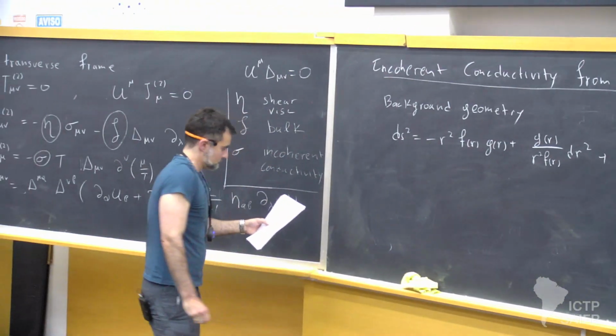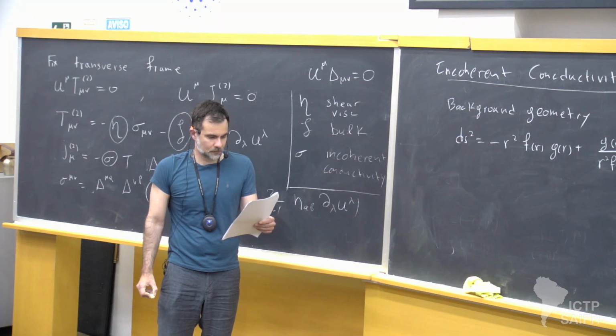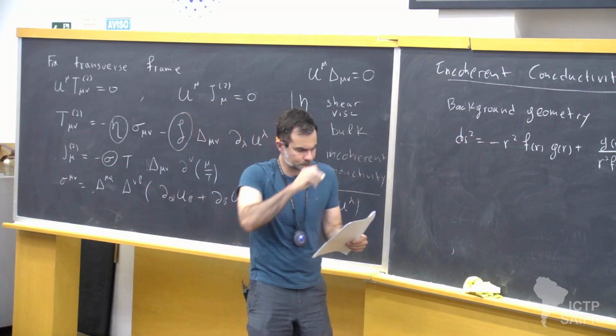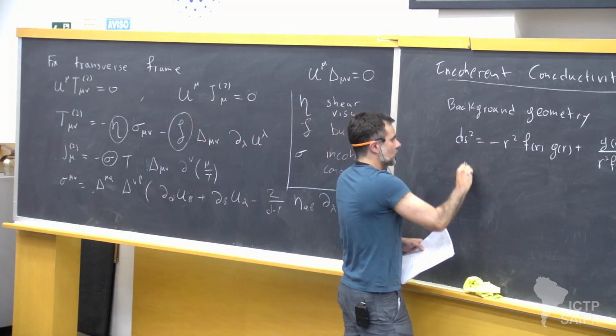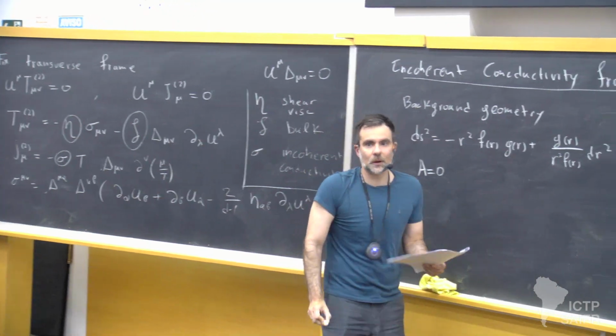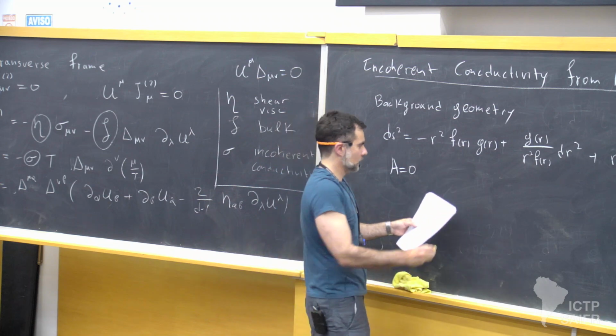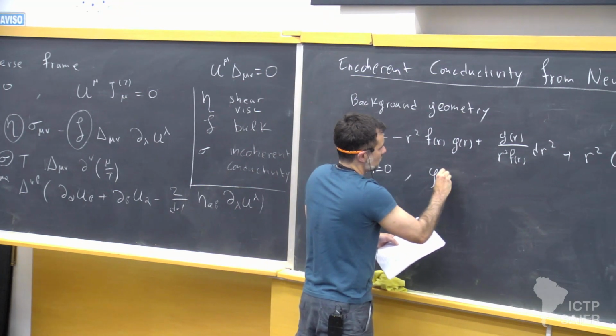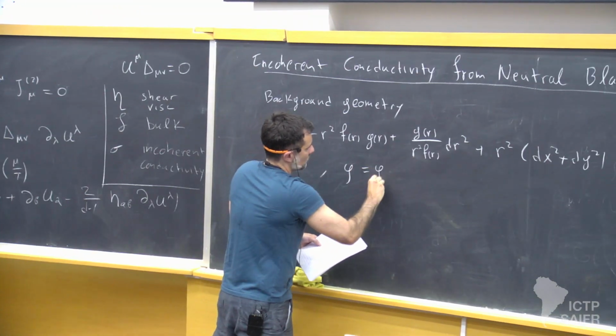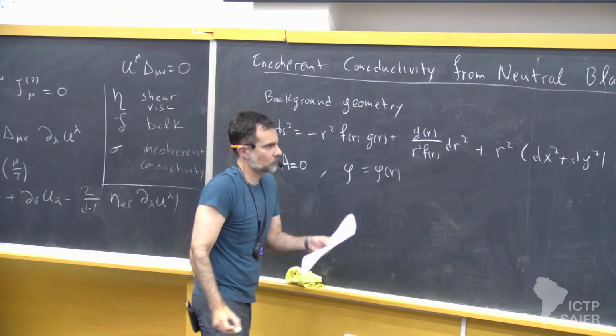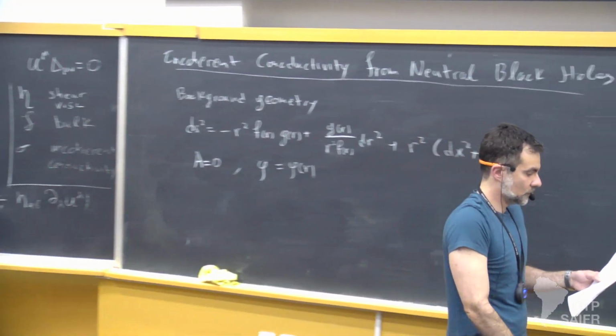Okay. So the background gauge field, we are looking at now neutral black holes, right? There is no background gauge field, it's 0. And there is some radial function for the scalar field.